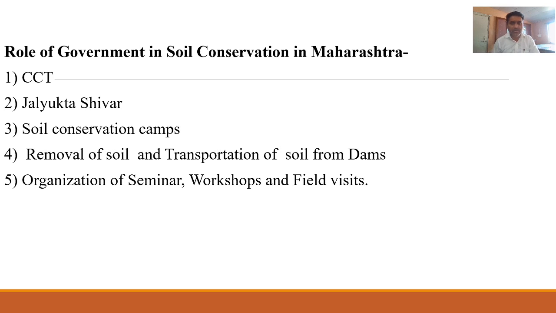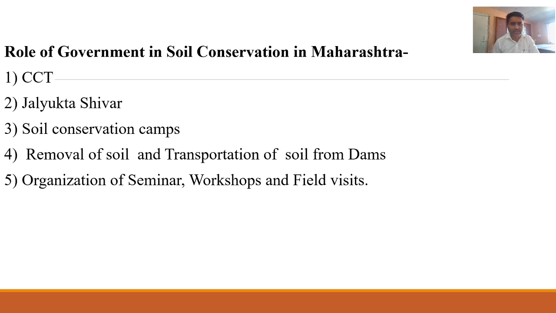As you know, to increase the groundwater level, the Jalyukt Shivar scheme is implemented by the government of Maharashtra, and particularly in western Maharashtra, Vidarbha and Marathwada, this activity has been conducted.